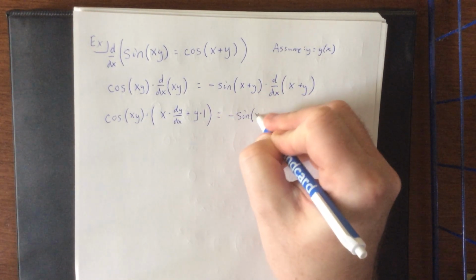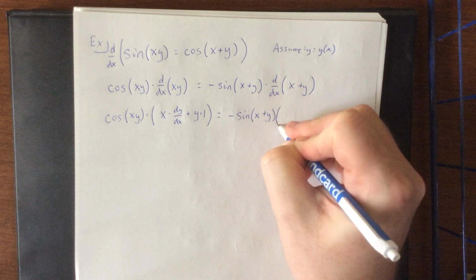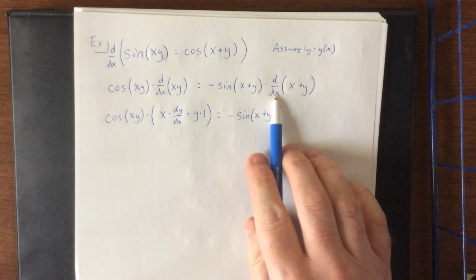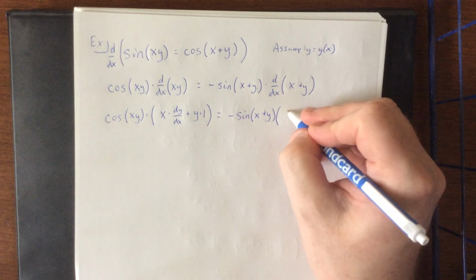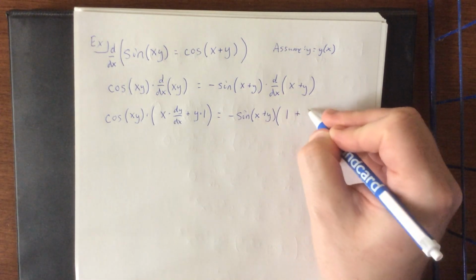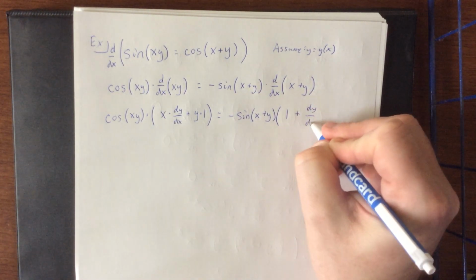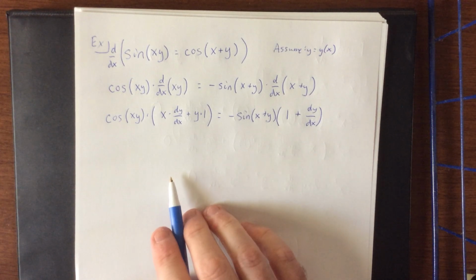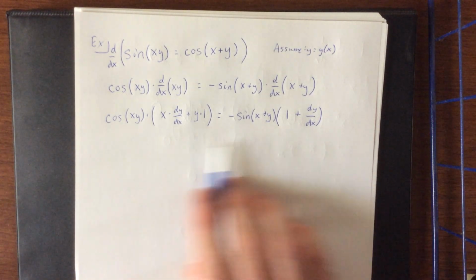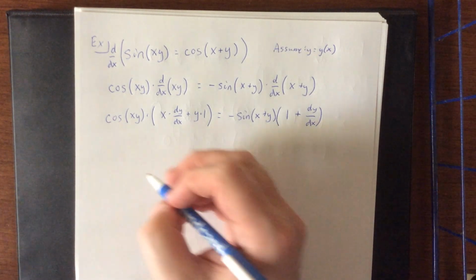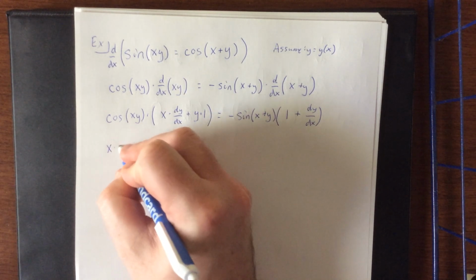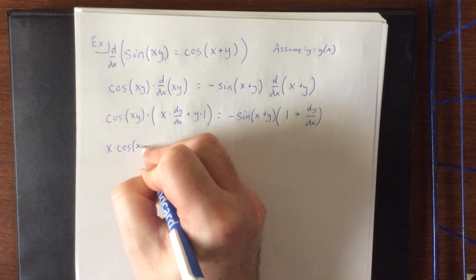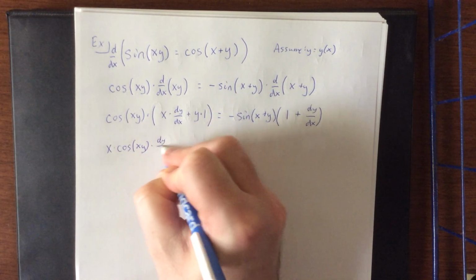Continuing on to the right-hand side, once again differentiating with respect to x, x will simply be 1 plus derivative of y will be dy over dx. At this point, the calculus is officially done, and we are going to take the same approach as what we did on the previous problem. First, we'll apply the distributive property a couple times. On the left-hand side, we will see x times the cosine of xy times dy over dx.